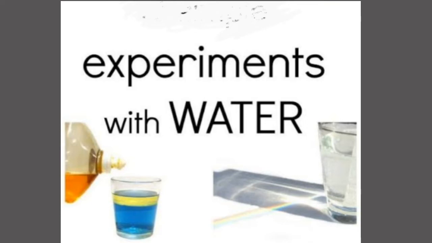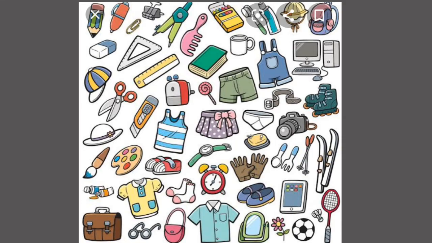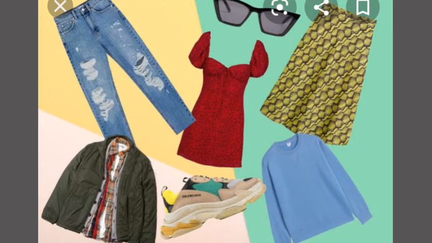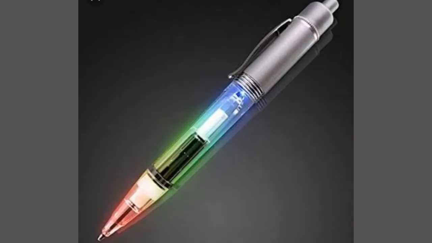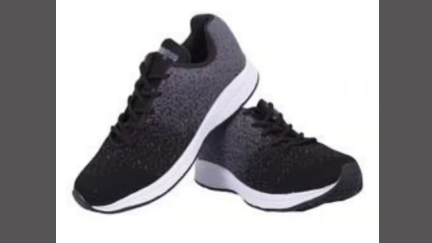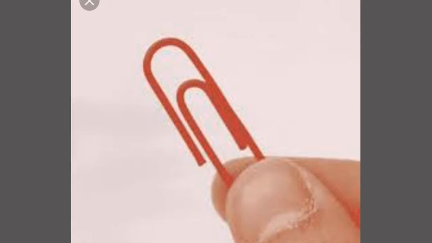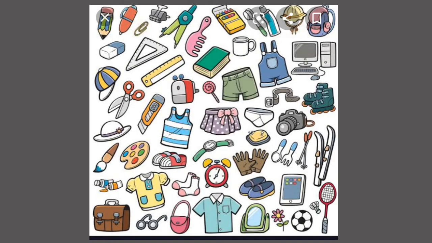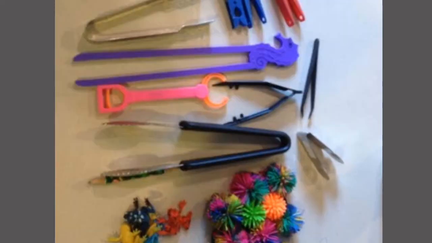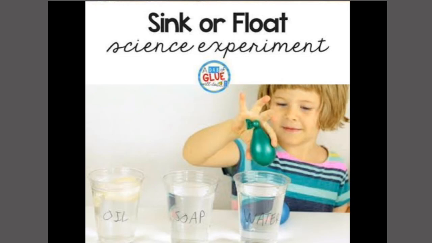There are various kinds of objects which are made of different materials like clothes, plastic bottles, soap, oil, chair, pen, pencil, shoes, iron nail, paper clips, paper, matchstick, plate, etc. If we immerse these objects into the water, some may sink or float.